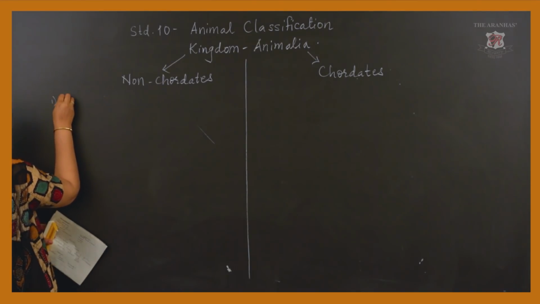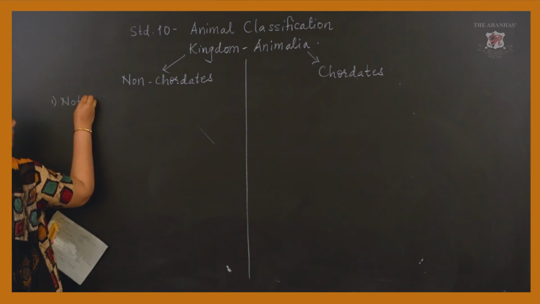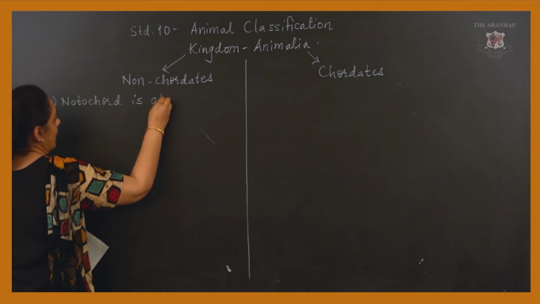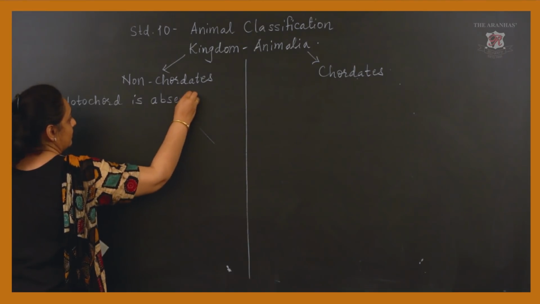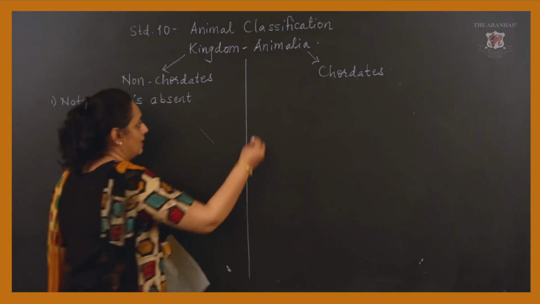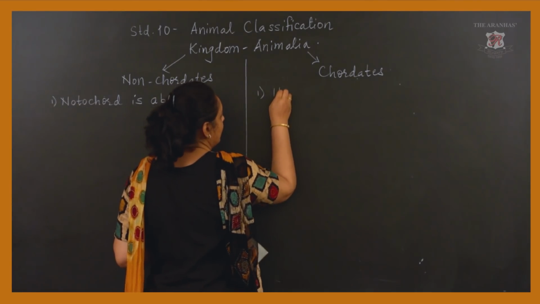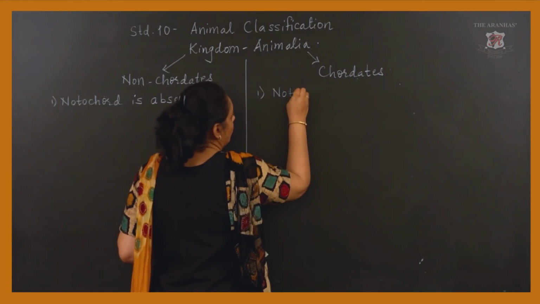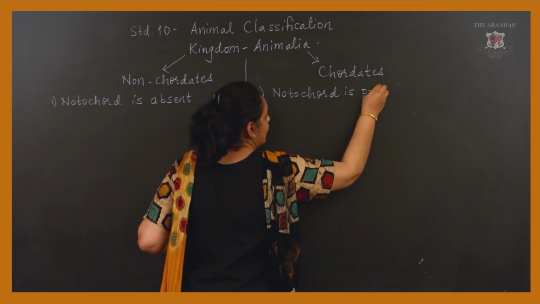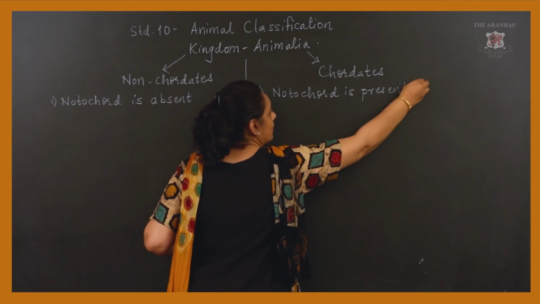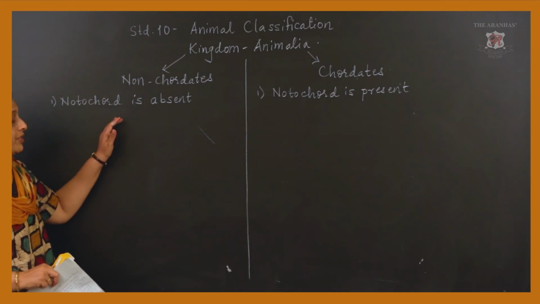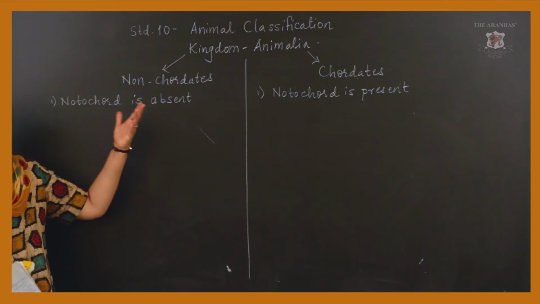In non-chordates, notochord is absent. That's why non-chordates. And exactly opposite, notochord is present in chordates. Okay, now there may be a question in your mind, what is notochord?